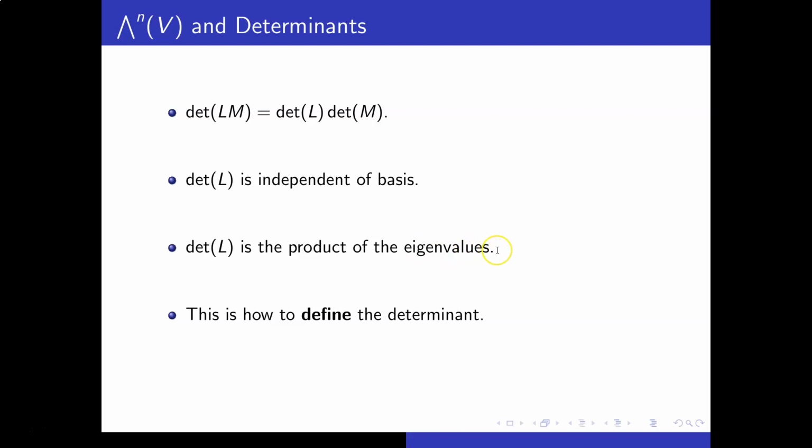The product of the eigenvalues has to be the determinant. And again, it's independent of basis. It doesn't matter which one I use. Now that's assuming your matrix is diagonalizable. What happens if it's not diagonalizable? Turns out, close enough. There's something called the Jordan normal form of a matrix, which will do that trick for you.